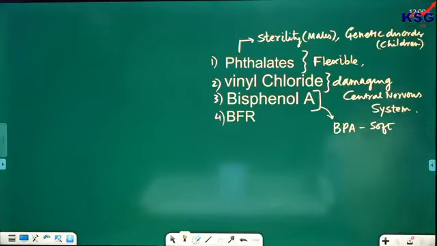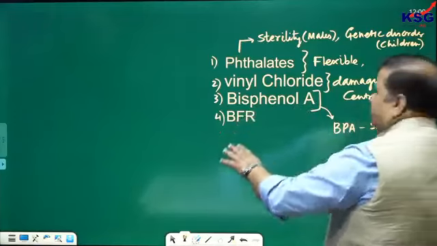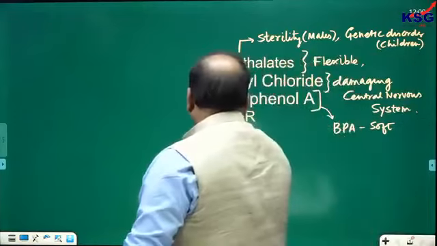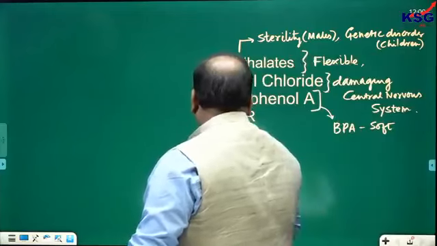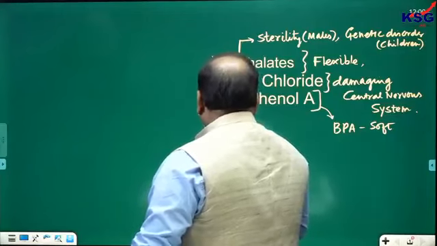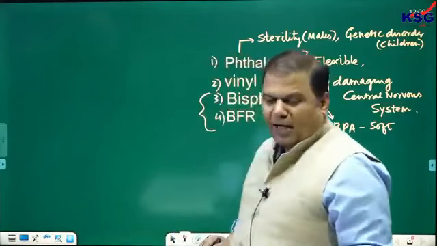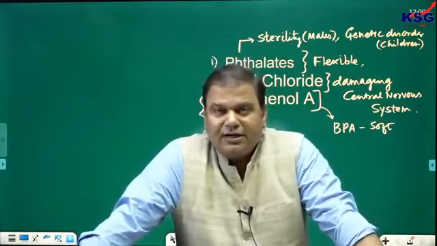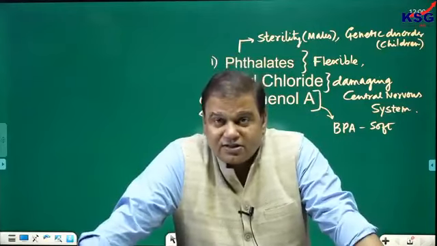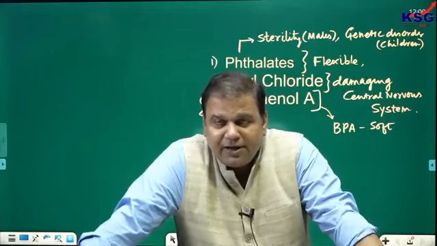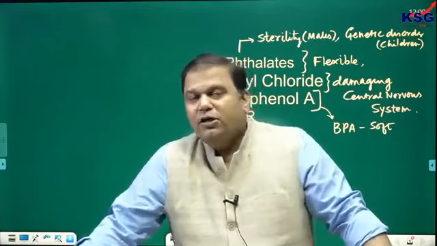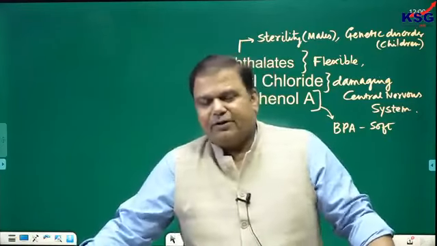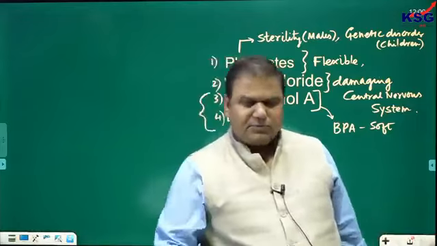And BFR, you know for what purpose it is used, because it's a fire retardant. But we'll club the adverse impact of BPA and BFR. BPA and BFR are both bioaccumulative in nature and they are responsible for damaging the endocrine system. Write down, both BPA and BFR. I'm slow.